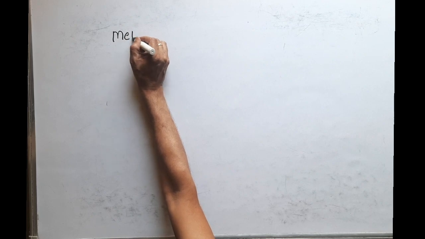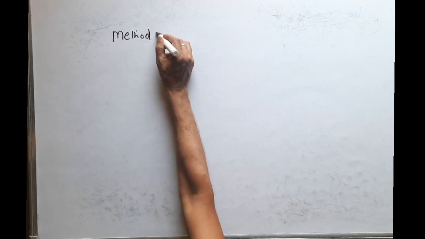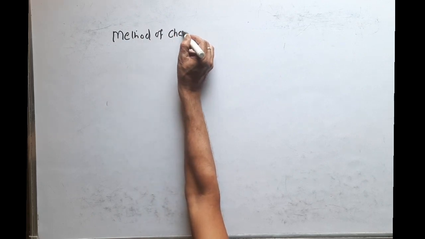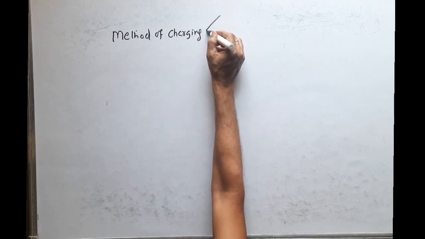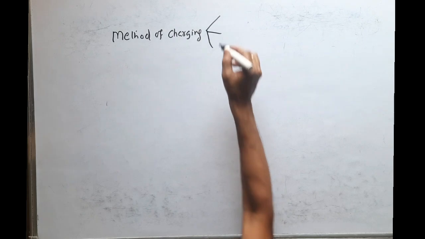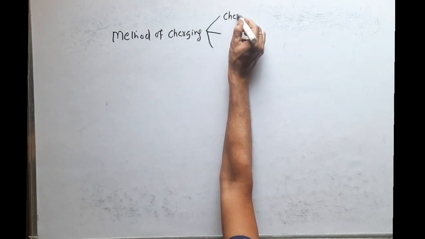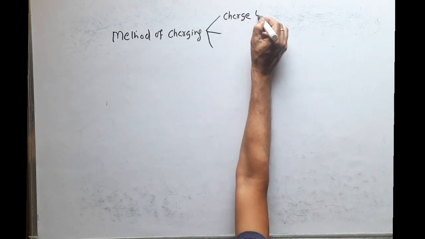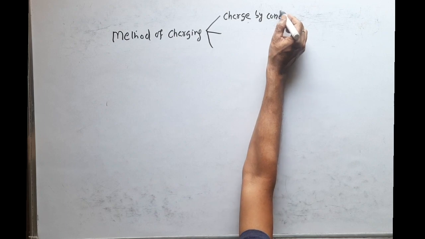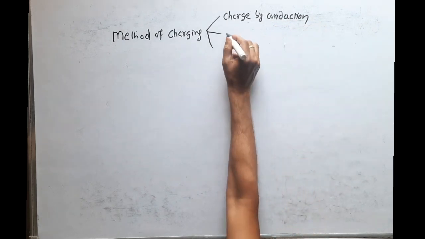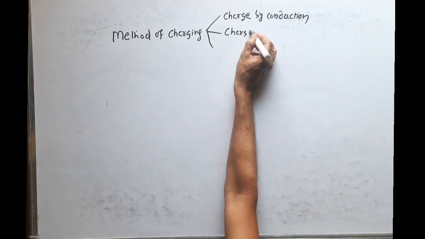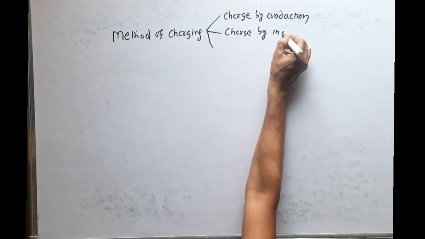Next is the method of charging. How will you charge an uncharged body? There are three methods. One is charging by conduction. Second is charging by induction.